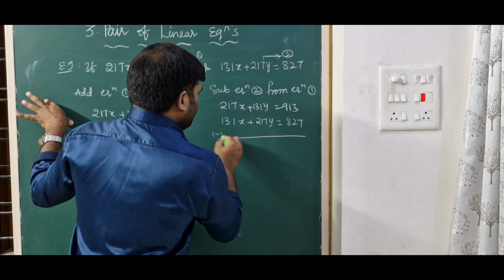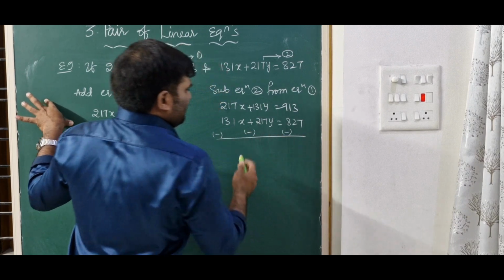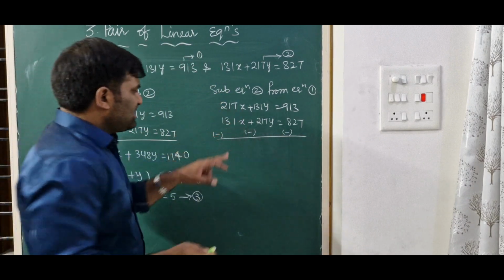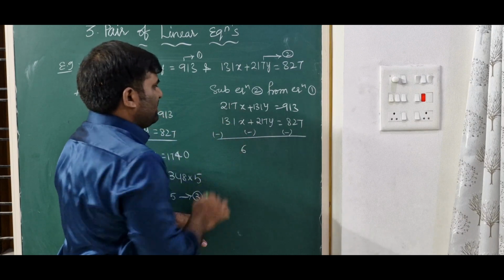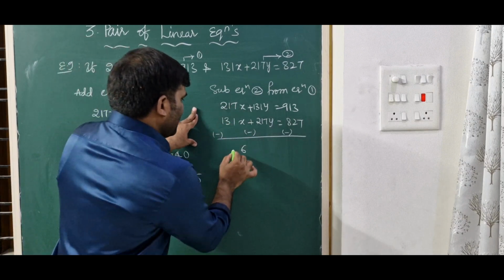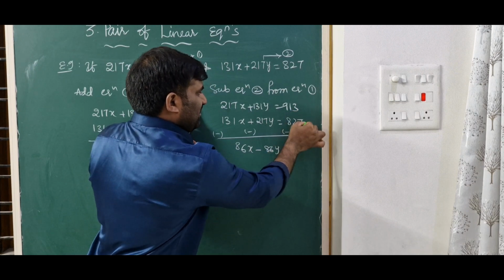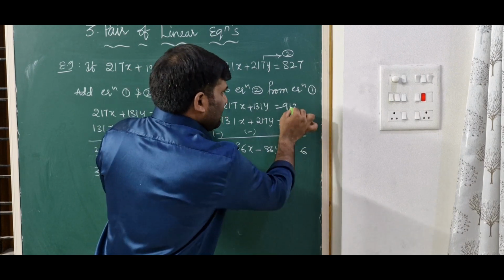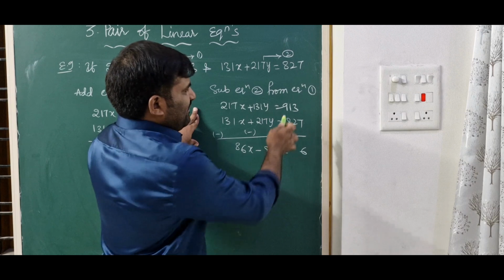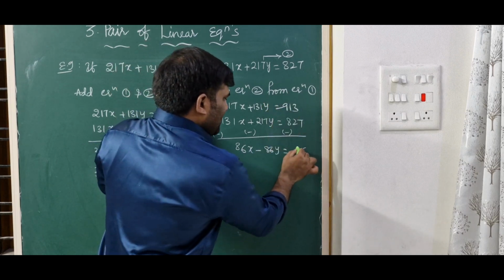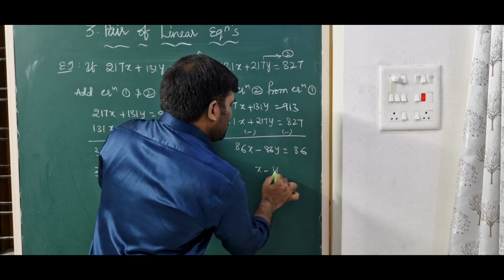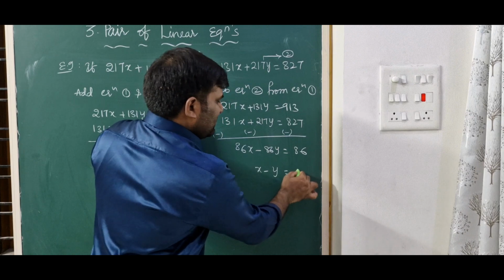After subtracting, 217 minus 131 is 86, so 86x minus 86y, which is equal to 913 minus 827, that is 86. So you will get x minus y is equal to 1.